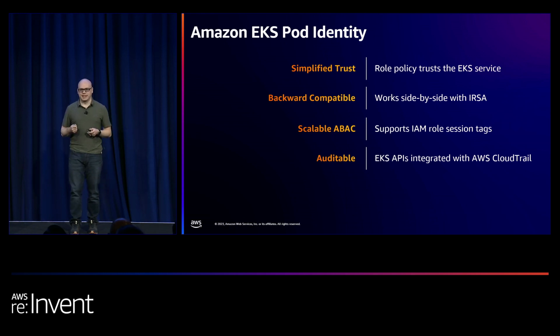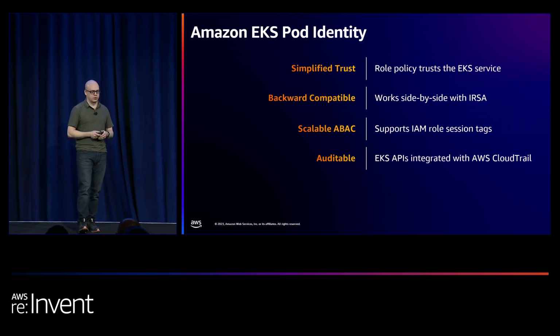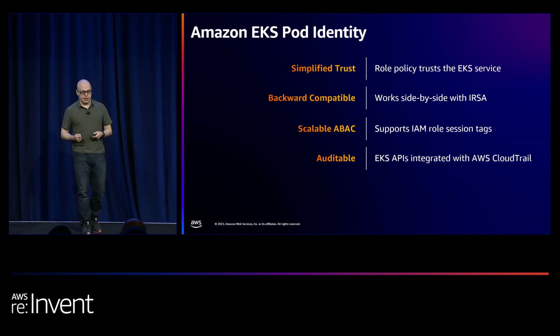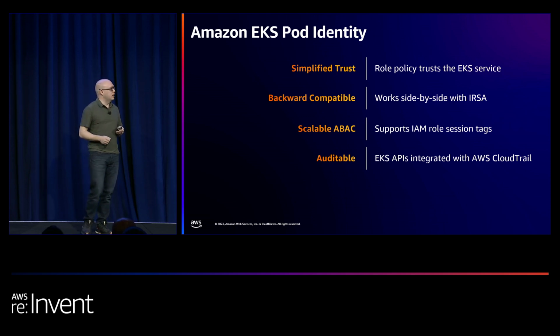You're able to extend the trust to basically anyone at that point for that role. So this makes it much simpler. You can say, I trust EKS to distribute this role correctly. It's also backward compatible. So it works side by side with IAM roles for service accounts. If you're using IRSA at this point, you can turn on pod identity. It will basically take precedence over IRSA. And then you can turn off IRSA.